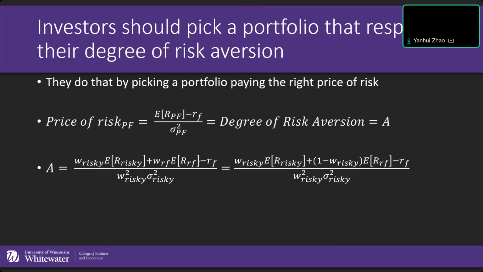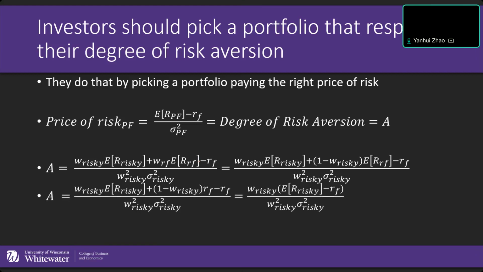So the weight of the risk-free asset equals 1 minus the weight of the risky asset. And of course, the expected return of the risk-free asset, we know it for sure, it's RF here. So we will replace it like this. And then 1 times the risk-free asset return equals RF, so this will cancel.